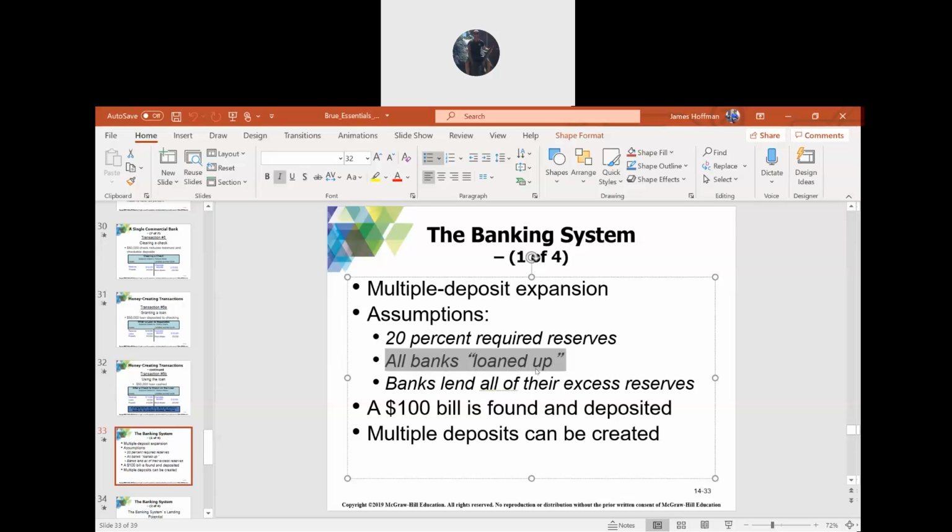So they made all the loans they could possibly make. They're loaned up, and that means they lend all of their excess reserves. Anything they can lend, they lend. And then let's assume that there's a $100 bill found and deposited, and let's show how that $100 can create more than the excess reserves for the whole banking system.